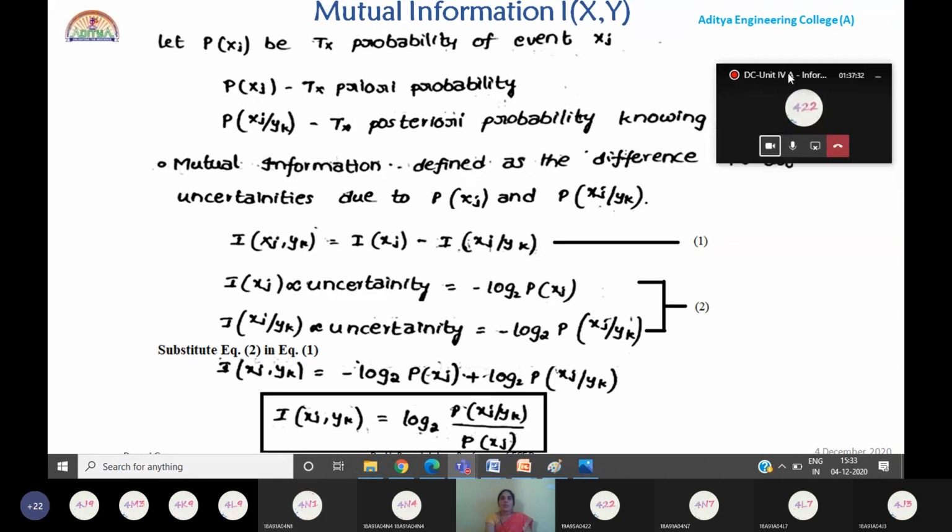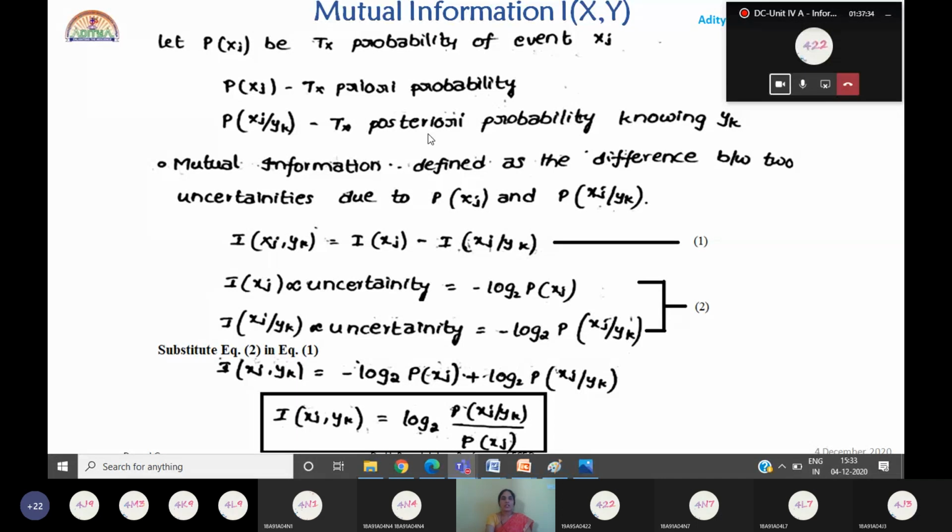Now we are going to define the mutual information. Generally, it is defined as the difference between the two uncertainties due to priori probability and posteriori probability. Please listen to the definition for mutual information.